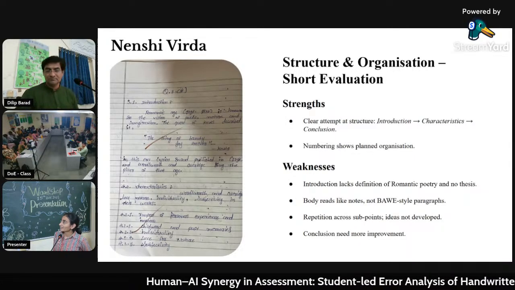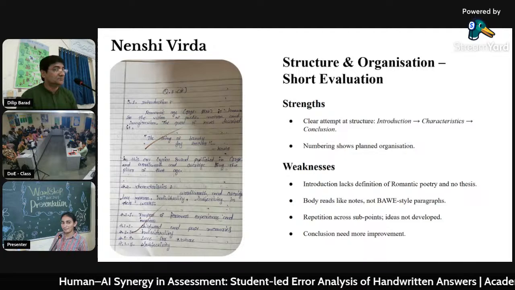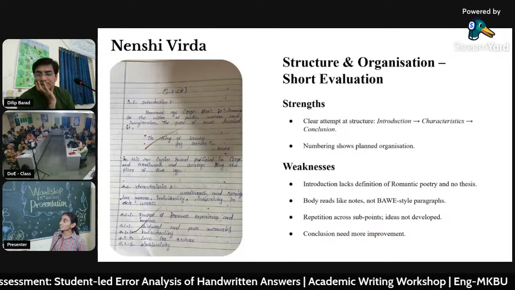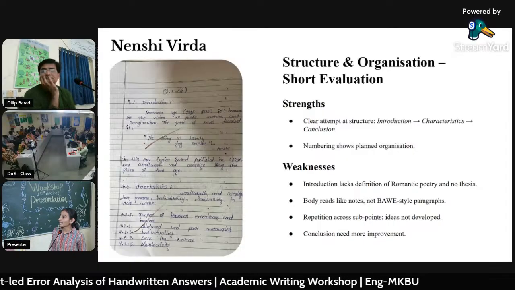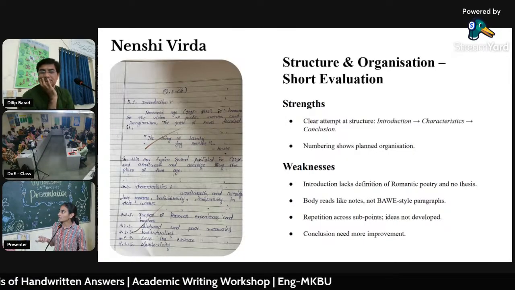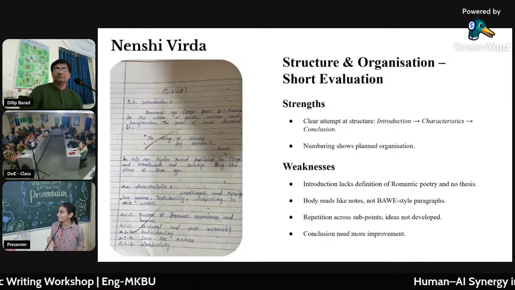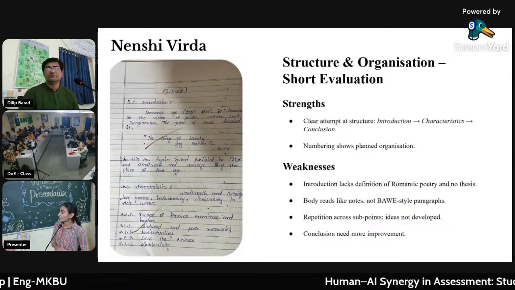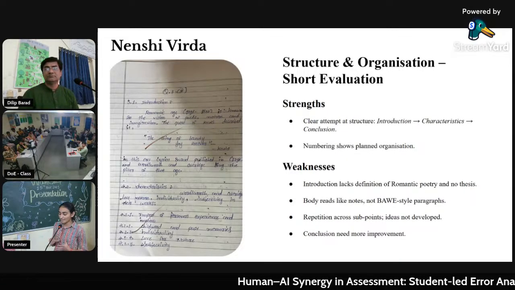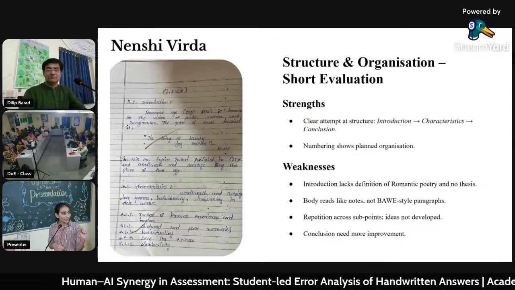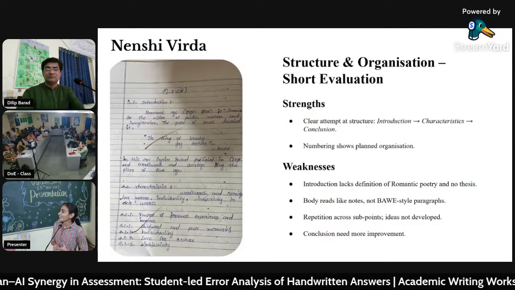Hello, this is the strength and weakness of my paper. My strength is that I followed the structure of introduction, characteristics, and conclusion, and I also wrote a numeric and rubric about my paper or theme. My weakness is that I did not give an intro about romantic poetry, but wrote an intro about the romantic age.